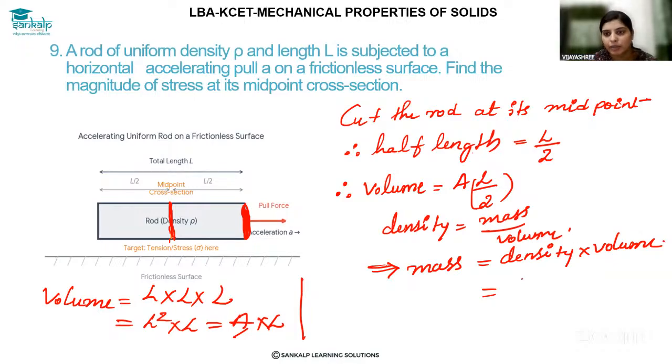Density is rho and the volume is A into L/2, so mass is equal to rho into A into L/2. So note this down. I am going to erase this.